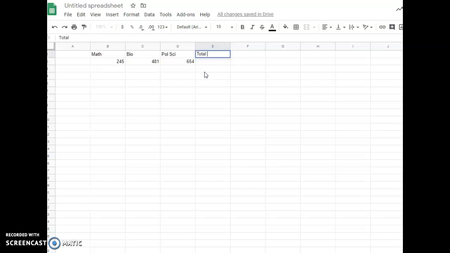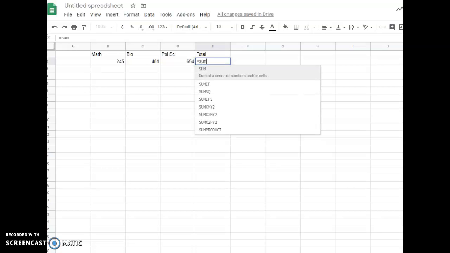But I do want to show you a couple things because this is going to come in handy in a little bit. If they ever don't give you a total, you could grab a calculator and add them all up, but the whole point of using Google Sheets is to make life easier on yourself. So anytime you want to add stuff together, in that block I'm going to do equals, and then sum.